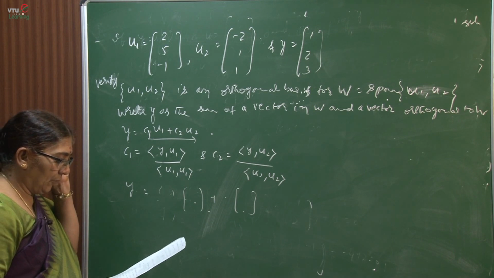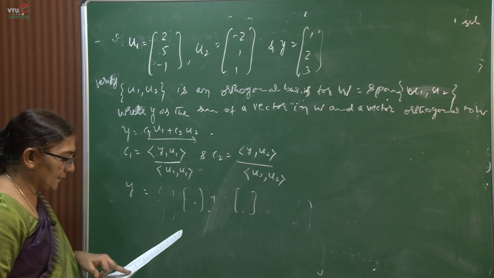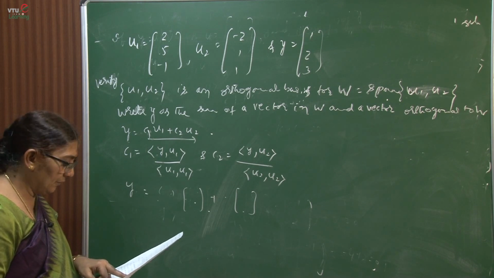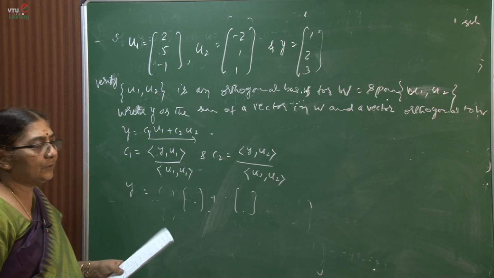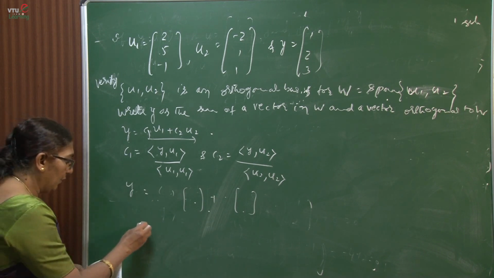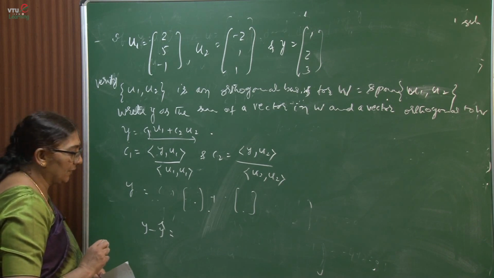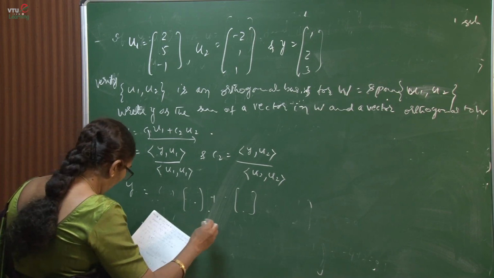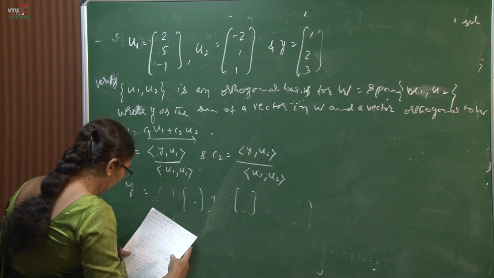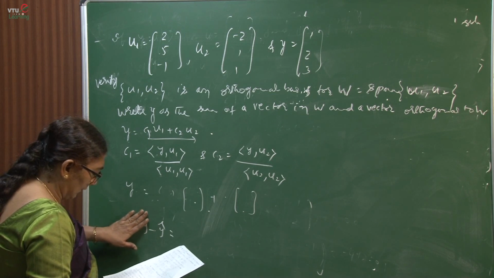After that, we want to express, actually, write Y as a sum of the vectors in W. Okay, that I explained. And a vector orthogonal to W means what? We want to find out after that Y minus y cap. Y minus y cap you find out. Once we get y minus y cap, you know how to calculate it.